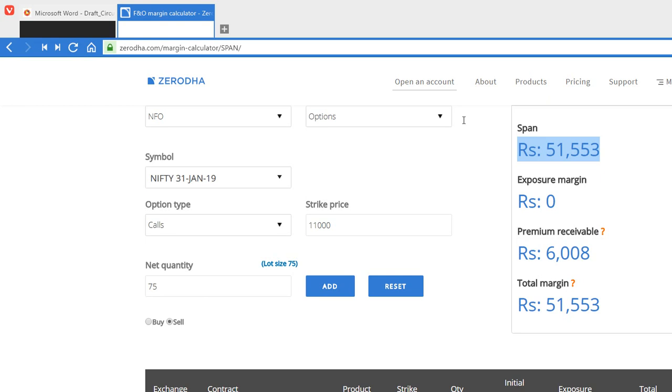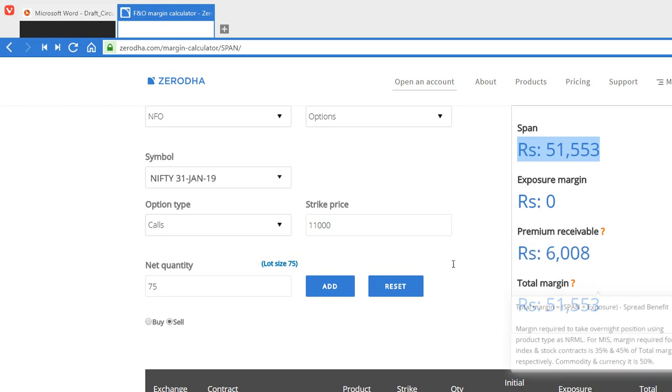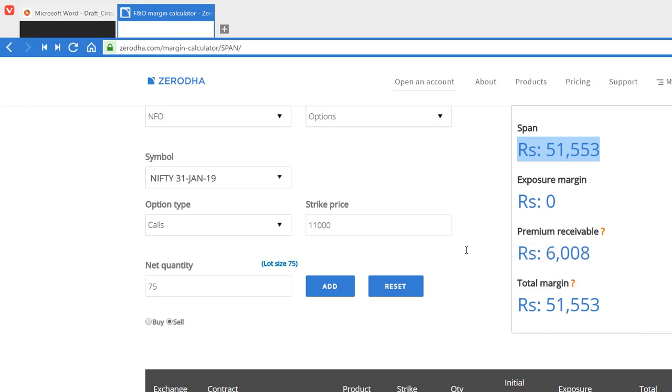It doesn't mean that this will be double. It's going to be increased by a maximum of 40%. So margins for Nifty can increase by approximately 10,000 rupees, and Bank Nifty by approximately 7,000 rupees.